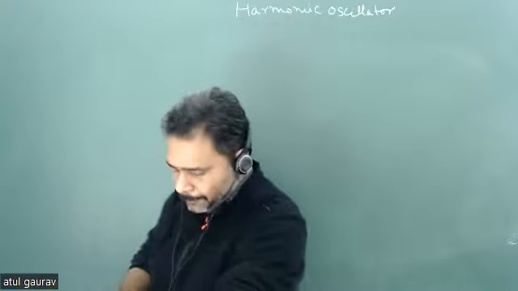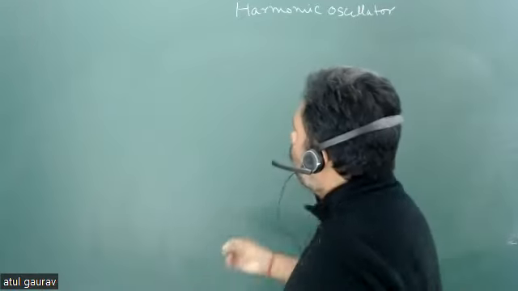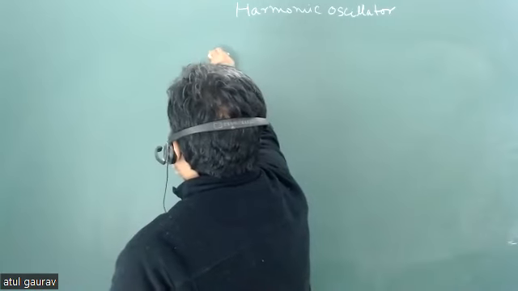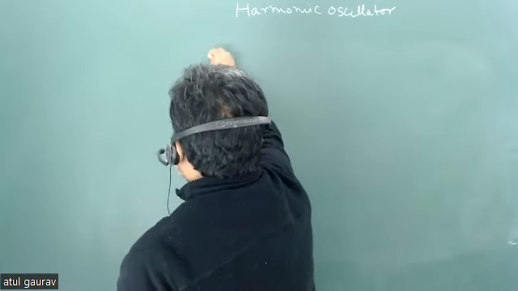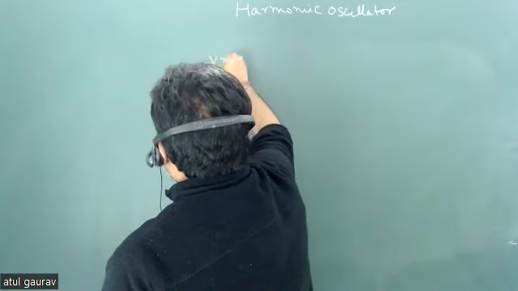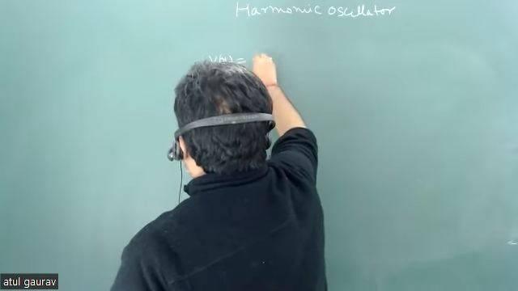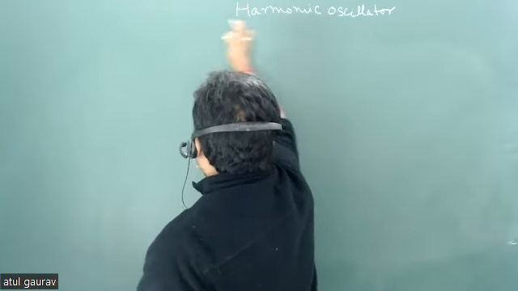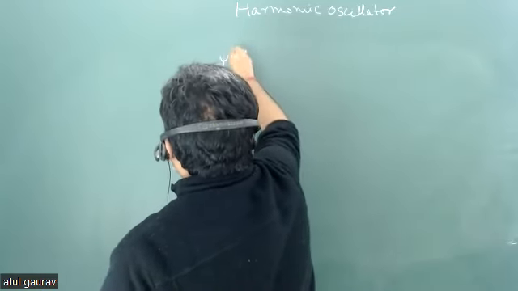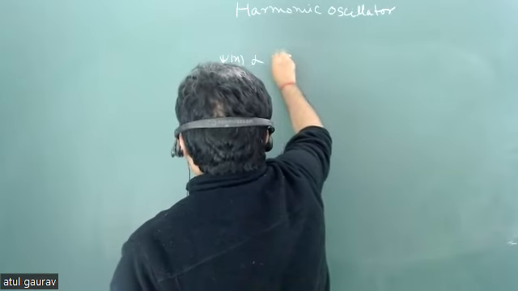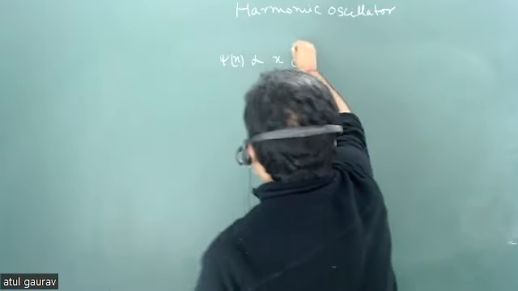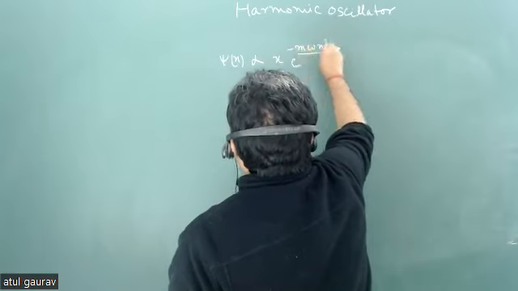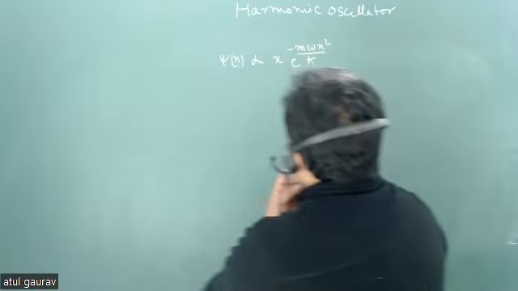So what we have, let's say the potential is harmonic. This is very simple. You have the wave function psi(x) proportional to x e to the power minus m omega x square upon h cut.